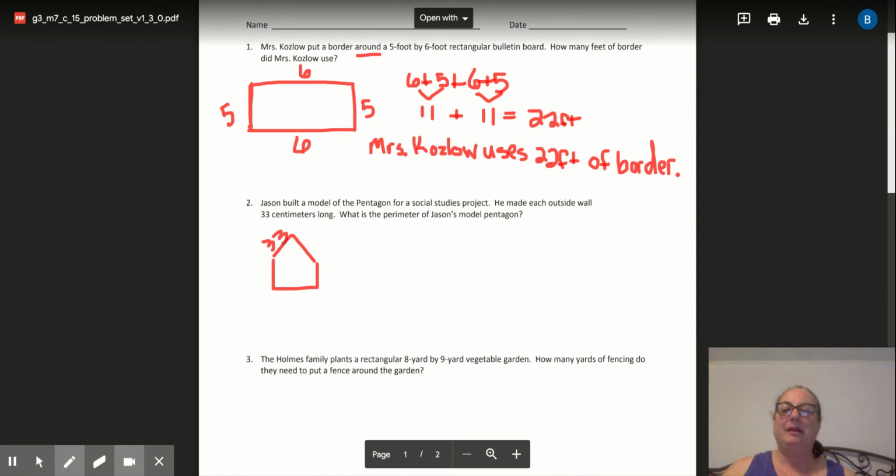My pentagon's sides aren't even, but if you had one, each side measures the same. So we put 33.